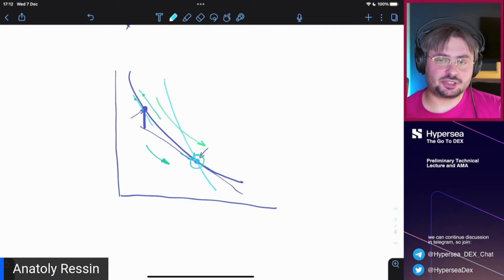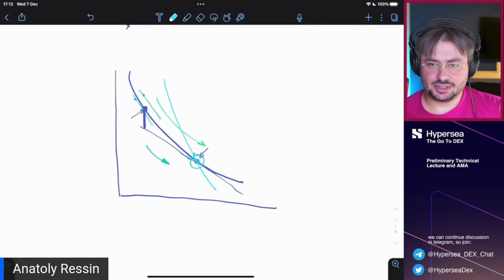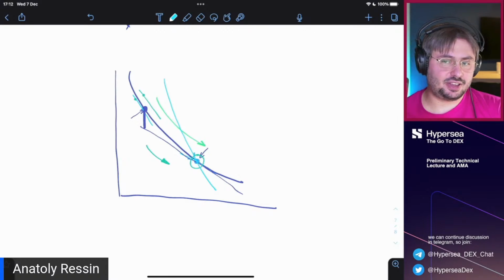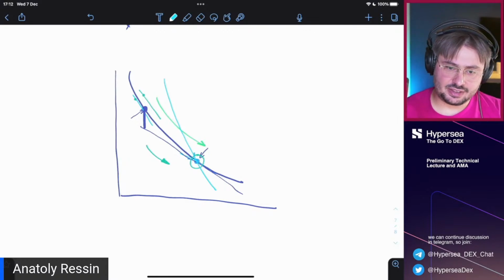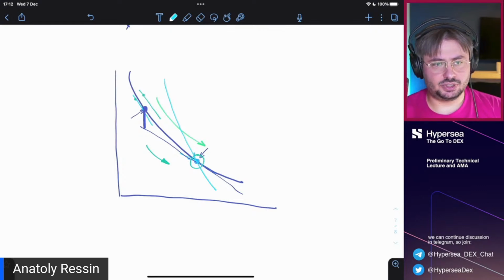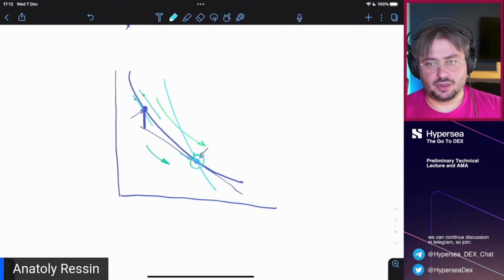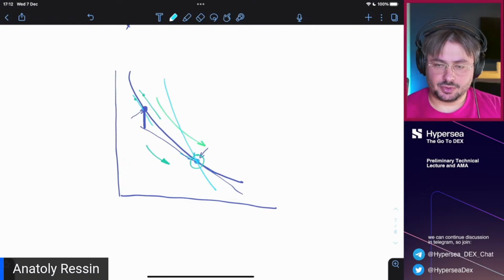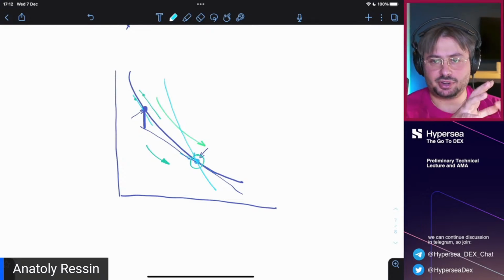That is in contrast with Uniswap-like systems, because Uniswap-like systems say that you need to provide your liquidity in the same ratio that is already present in the pool.